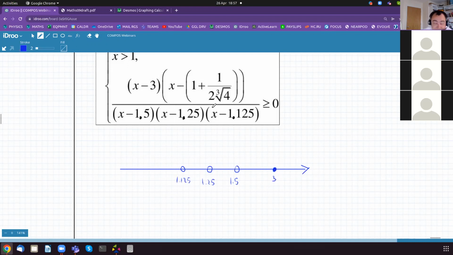What about this? It's x minus 1 plus. So it's going to be 1. Another critical point is 1 plus 1 over 2 cube roots of 4.